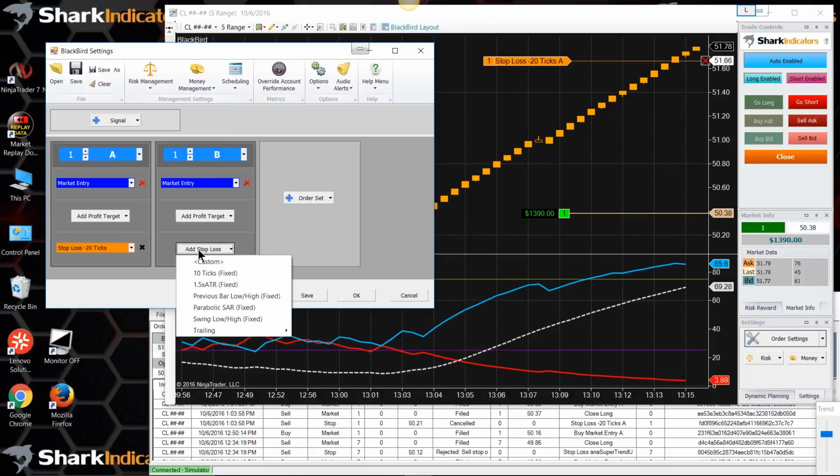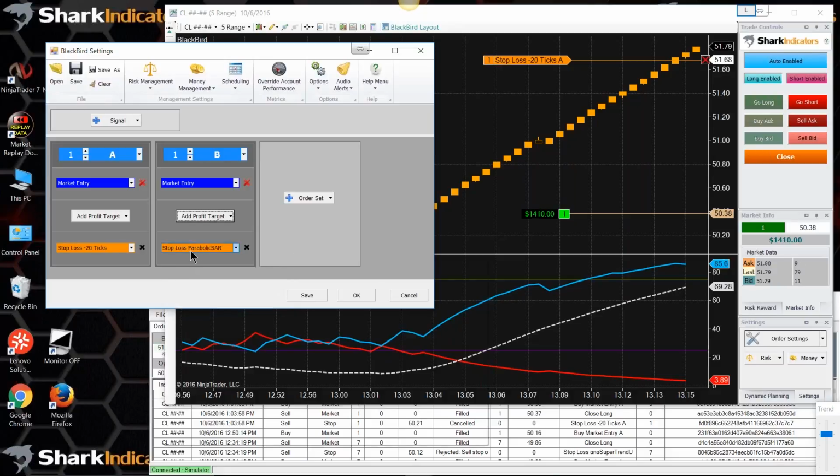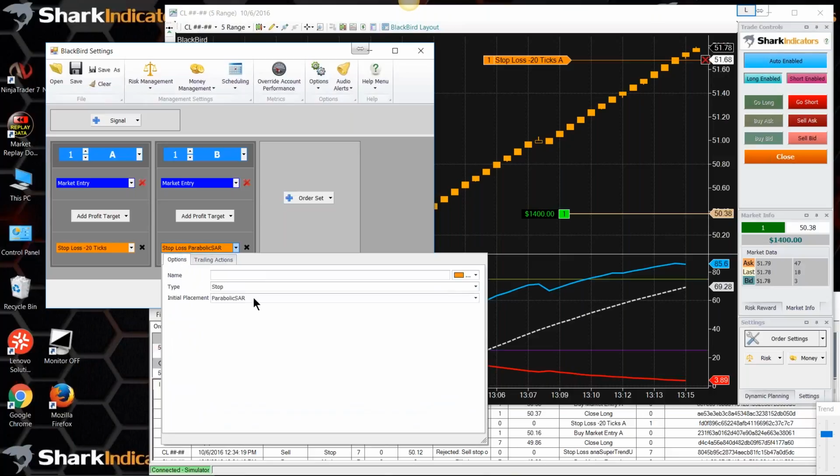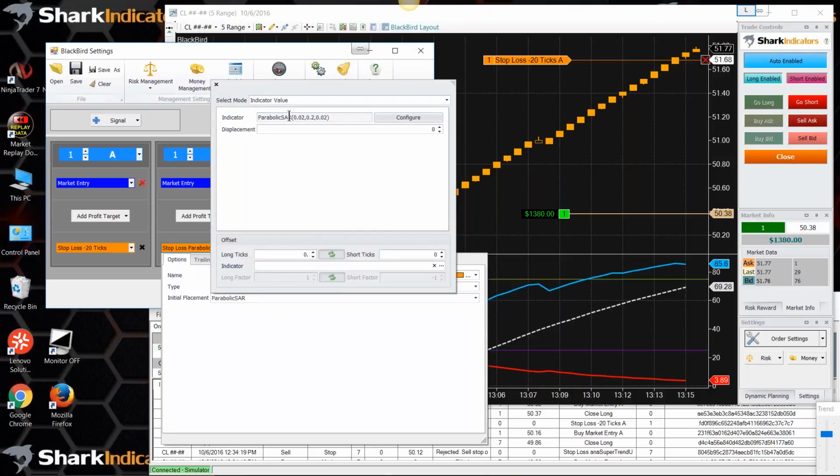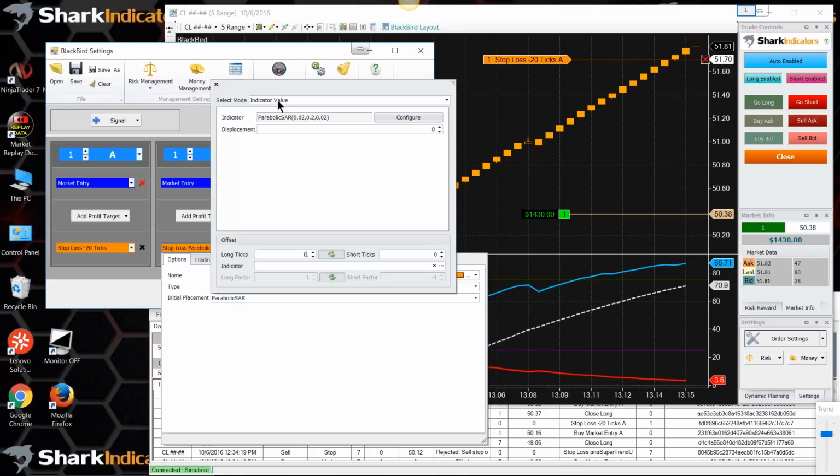So, we'll just go over this again. We'll set up another order set here. If you want to use an indicator, let's just look at the parabolic SAR. If you're using an indicator value, that indicator actually has to set the price value for you, such as the parabolic SAR does.